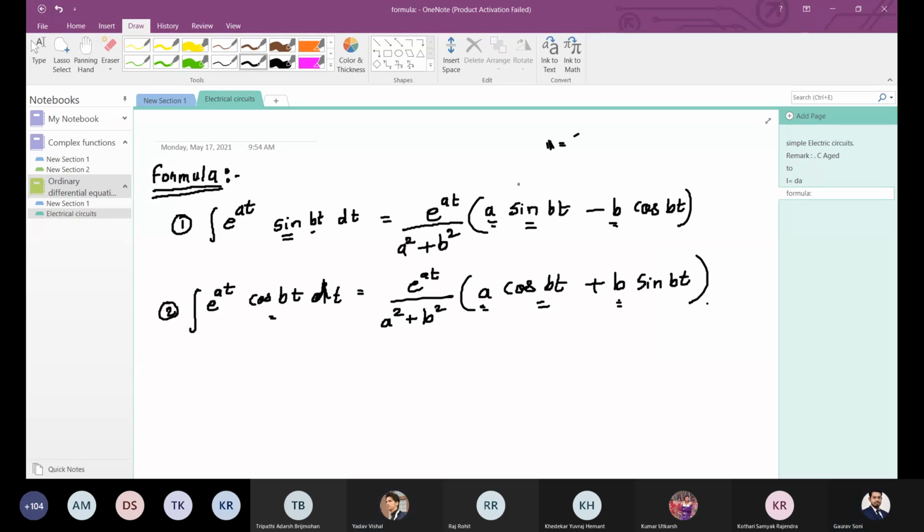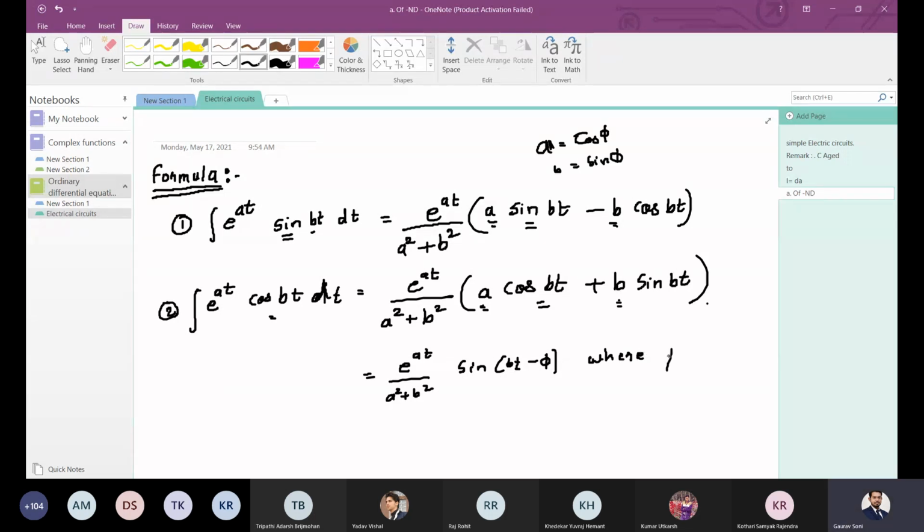So if we put a is equal to cos phi, b is equal to sin phi, then this can be written as e to the power at upon root of a square plus b square, sine of bt minus phi. And this is the formula that someone tried to recall. So phi is equal to tan inverse of b by a.